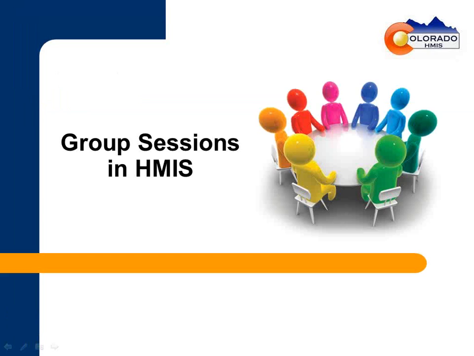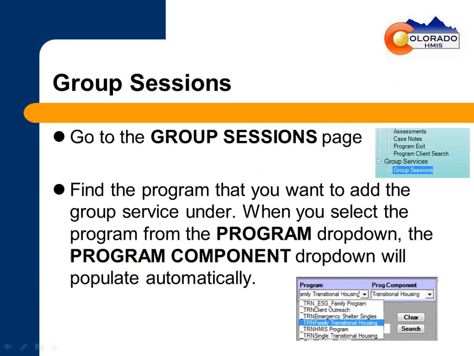All right. So finally, there are obviously times where we provide services that don't match the one-on-one case management encounter criteria. So you have group sessions or services that you provide to multiple people, or services that you provide that aren't case management and aren't face-to-face. So those things are going to be documented in the group sessions in HMIS.